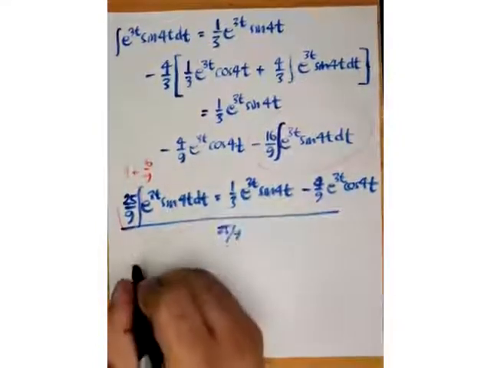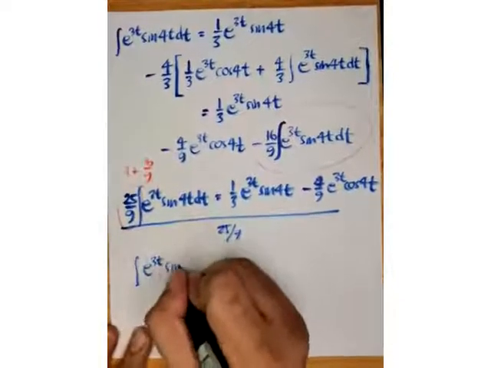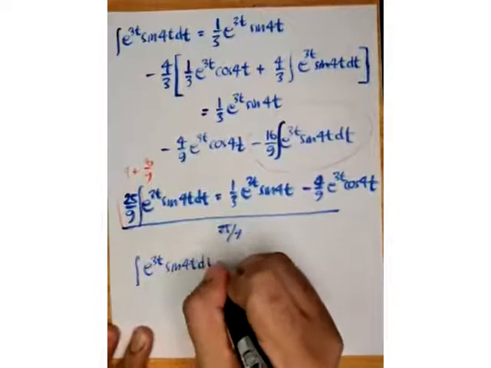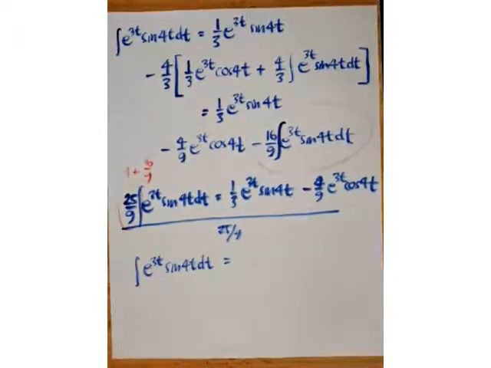And then, i-divide natin yung buo na 25/9. So, magiging siyang the integral of e raised to 3t sine 4t dt is equal to 1/3 divided by 25/9.